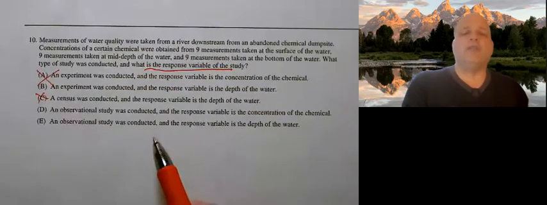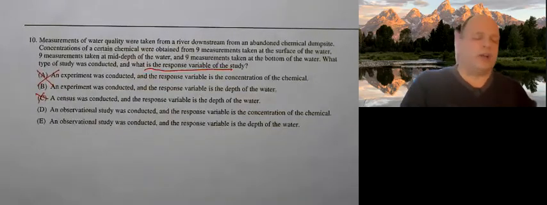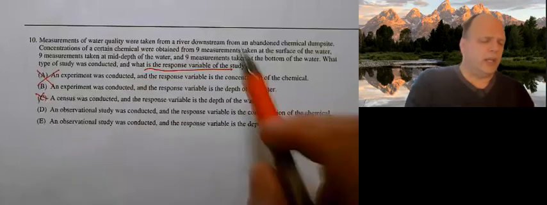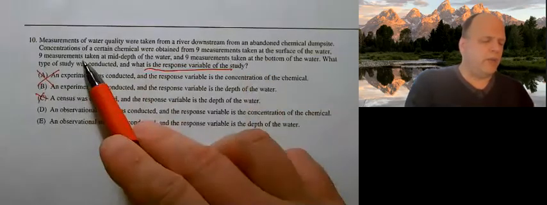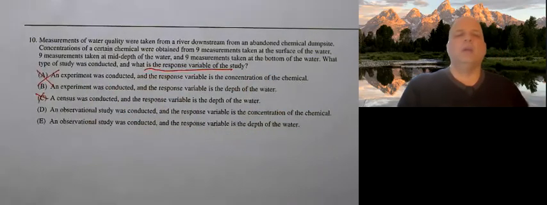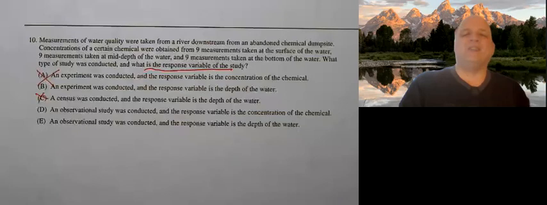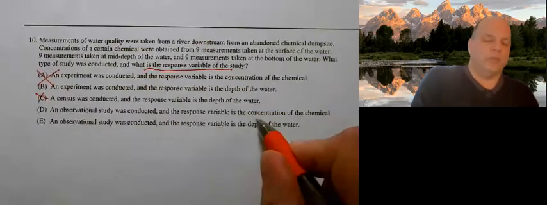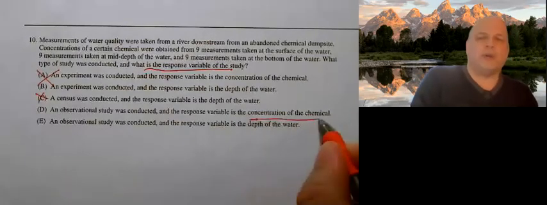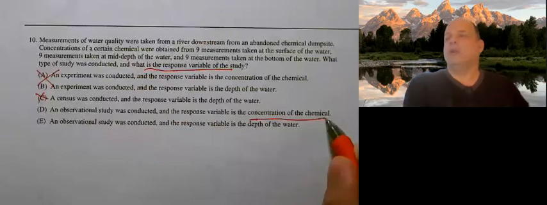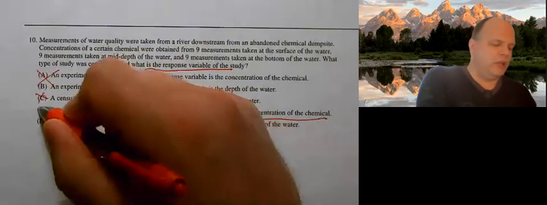So this is an observational study, and it's actually a stratified sample because we're taking 9 at the surface, 9 in the middle, and 9 at the deep points. And our response variable is the concentration of the chemical, because that's what we're measuring. So our answer to number 10 is D.